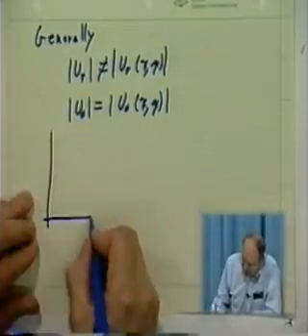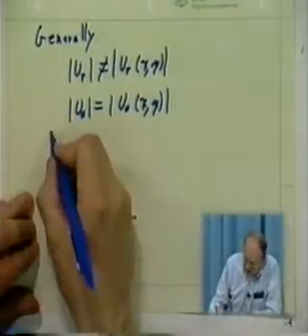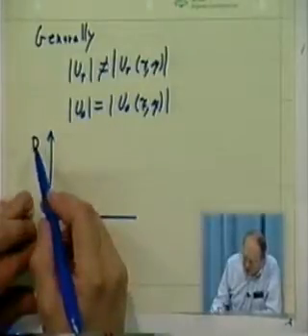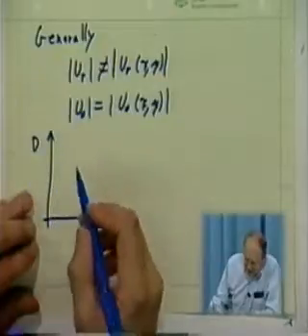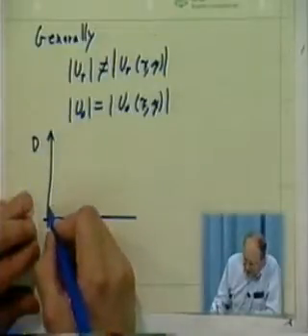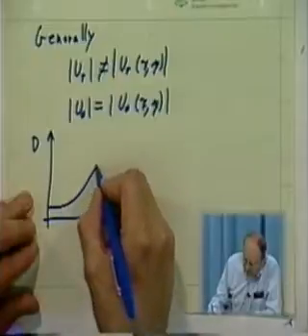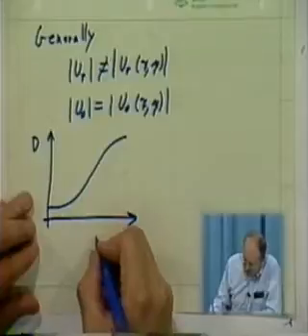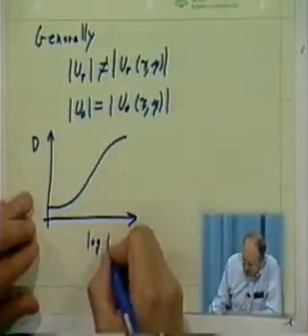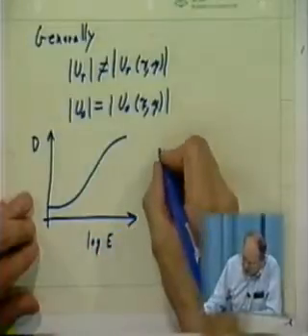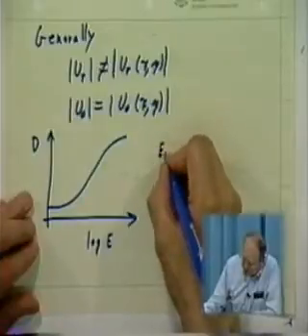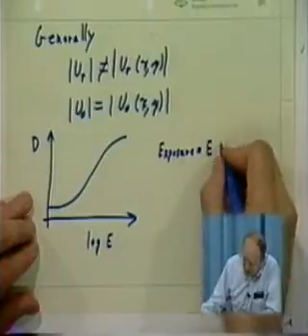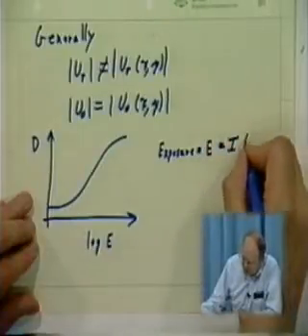is that for film, or recording material, if we make a plot of the density versus the exposure, we get some curve that looks like this. Normally you make it versus the log of the exposure. And the exposure here, E, is the intensity times the time.